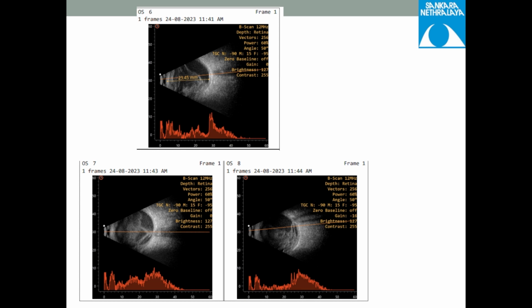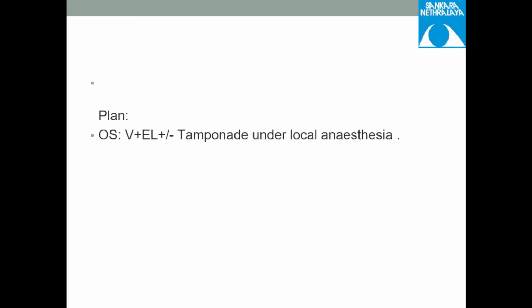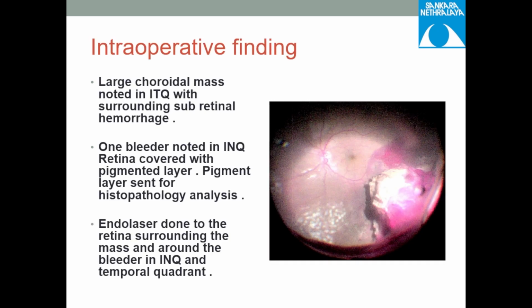Yes. Go ahead. So vitrectomy and endolaser was planned for the patient. Then upon intraoperative evaluation, it was noted a large choroidal mass in the inferotemporal quadrant with surrounding subretinal hemorrhage. One bleeder was also noted in the inferonasal quadrant, which was covered with a pigmented layer, which was sent for histopathological analysis.